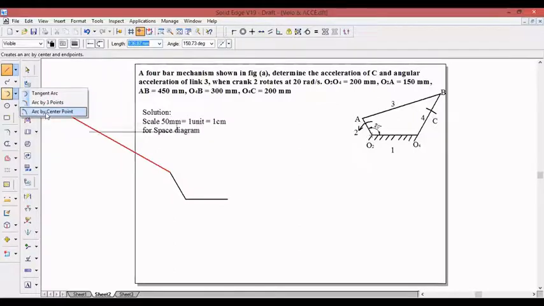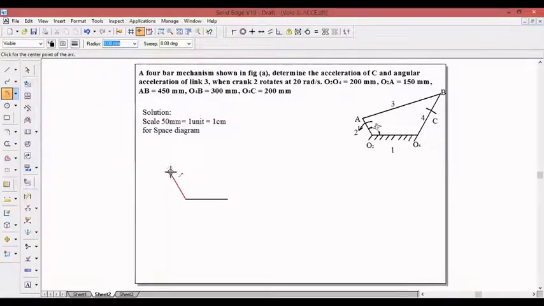Then take compass in your geometry box. AB length is given 450 millimeters, divided by 50 means 9 centimeters we get. So using compass, measure 9 centimeters and cut an arc. Similarly, O4B we have 300 millimeters. For a proper scale, we get 6 centimeters.